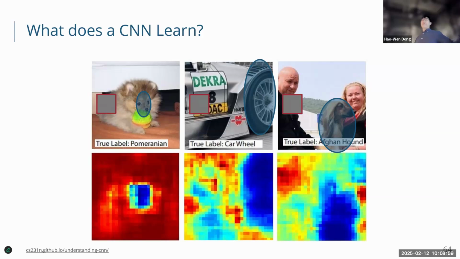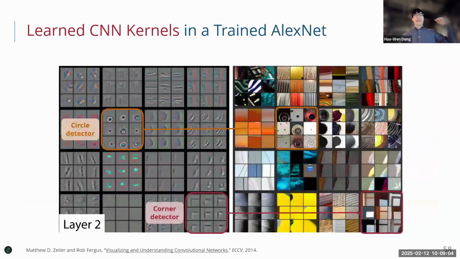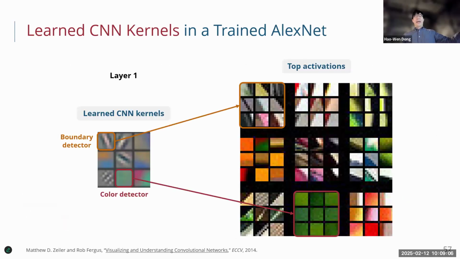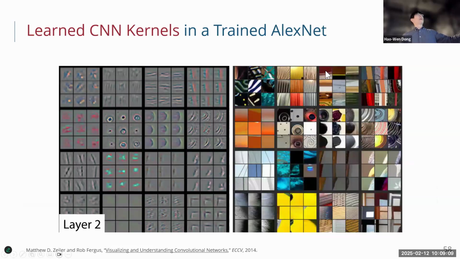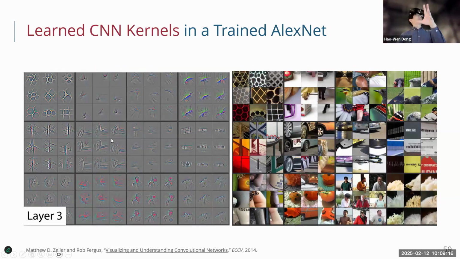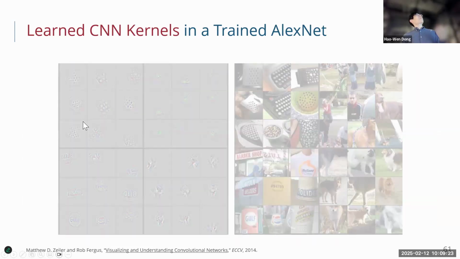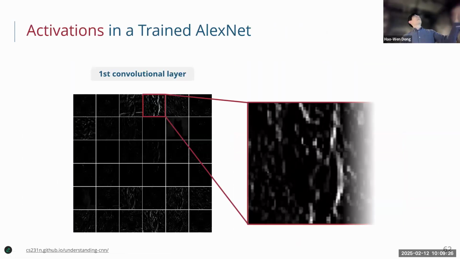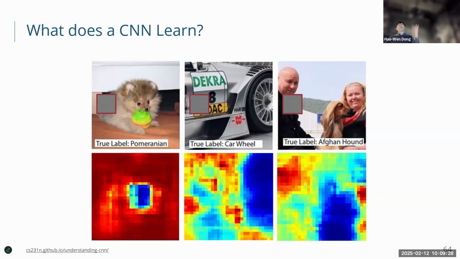Yeah, it's the same thing, but as we talked about here, the first layer is edges and colors, and then the second layer it becomes circles, and then corners, and then the third level, the deeper you go into the model, you see wheel detectors, different stuff, higher level stuff. So this will be the whole thing. It detects edges at the first layer, but it also detects wheels at the last layer.